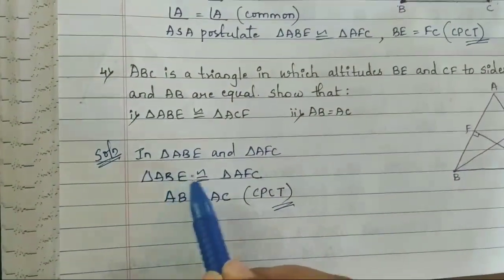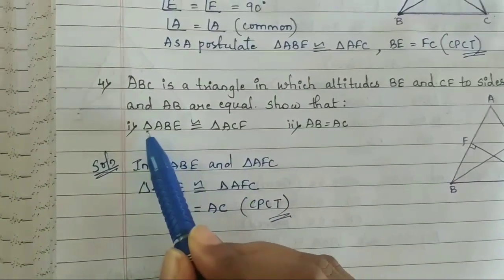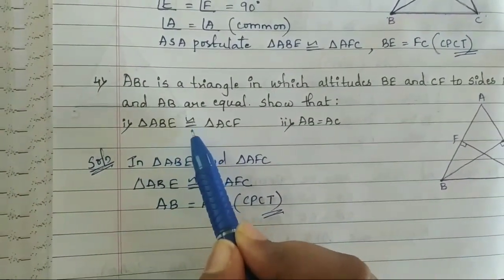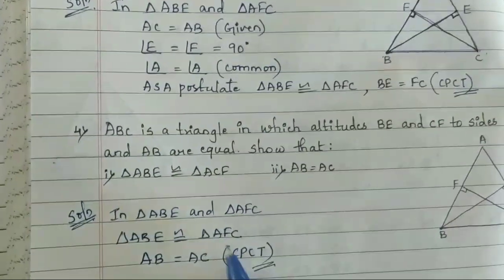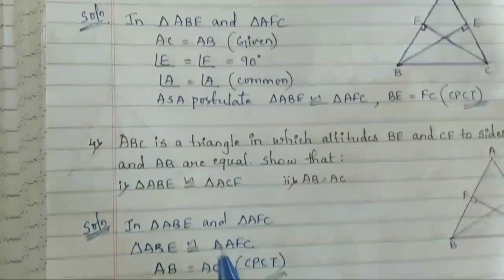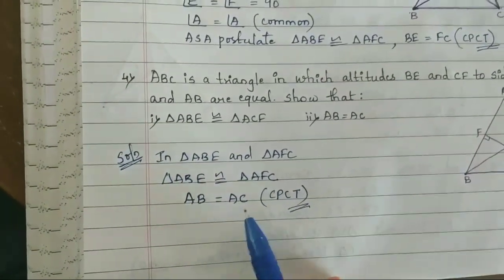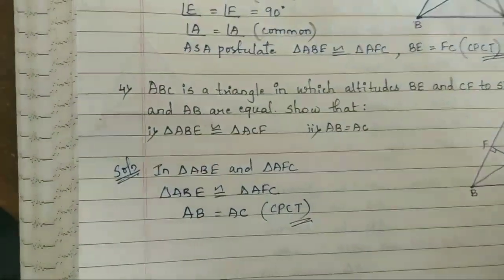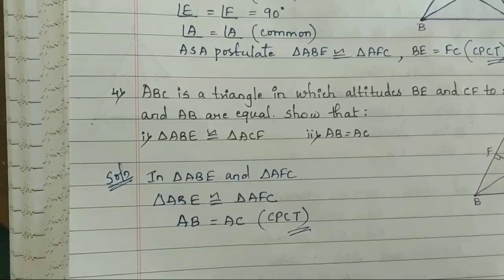To show the first case, triangle ABE is congruent to triangle ACF, you need to solve it as I have already solved it in this part. I have skipped it here, because after this you can directly write AB is equal to AC because of the corresponding parts of the congruent triangle.